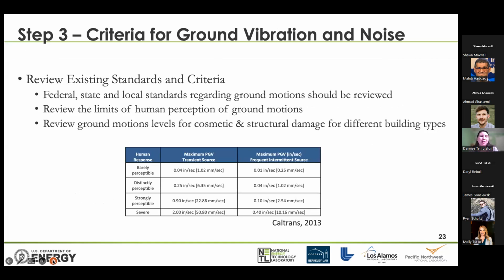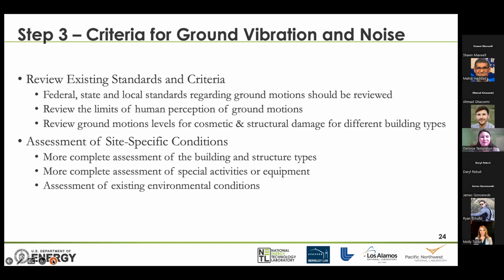So for instance, we recommend reviewing existing standards and criteria. Just as an example, what are the PGVs for humans to be able to barely perceive the source, have it be strongly perceptible, or have it be severe.